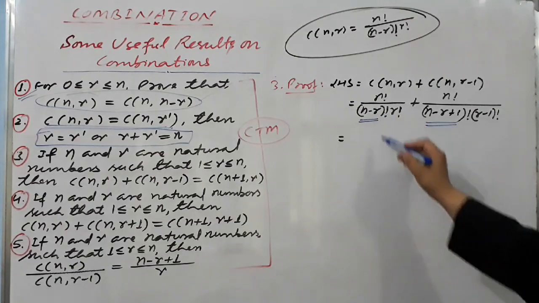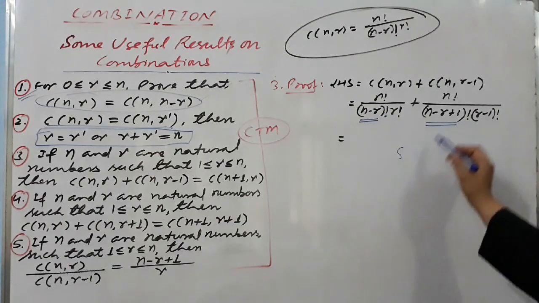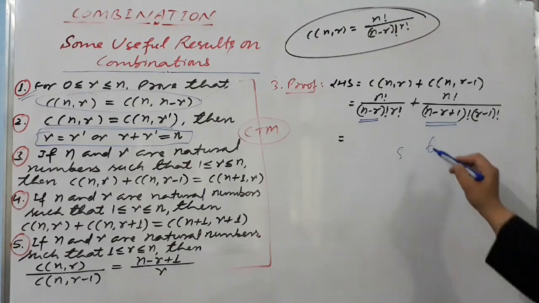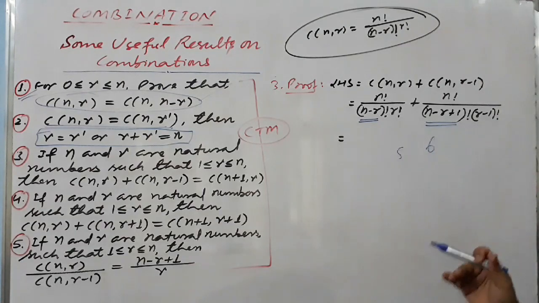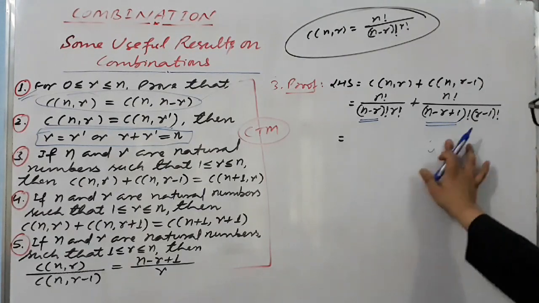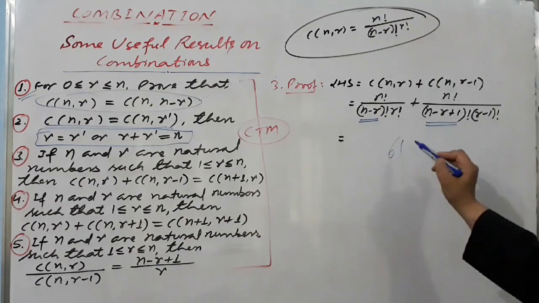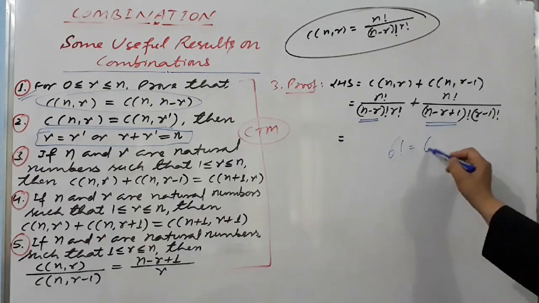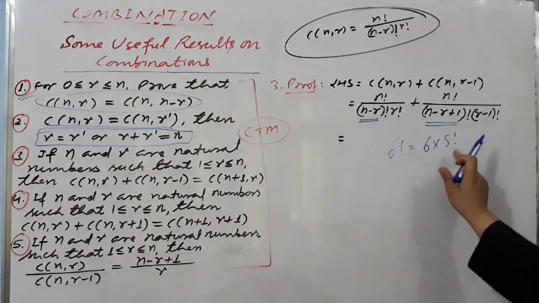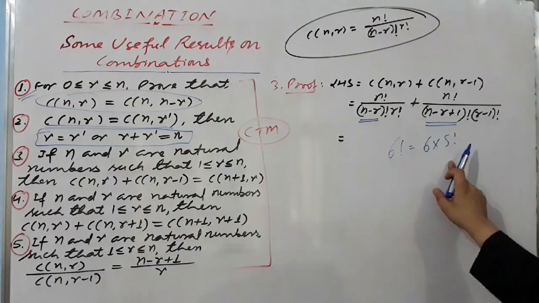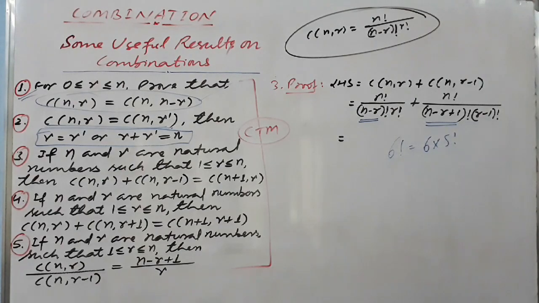Suppose n minus r is 5, then n minus r plus 1 is 6. They are in the same pattern. So we will always expand the greater one. Why? If we expand the greater one, 6 times 5 factorial, you get 5 factorial, so thereafter it will be easy to take common.